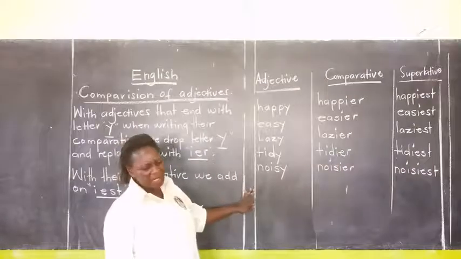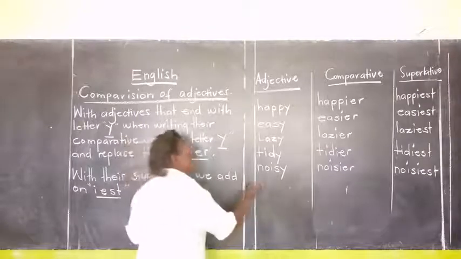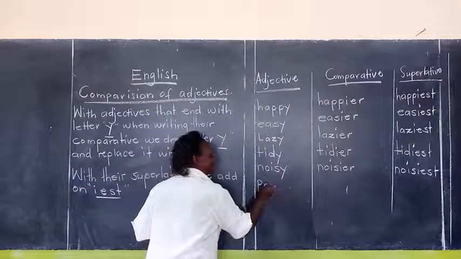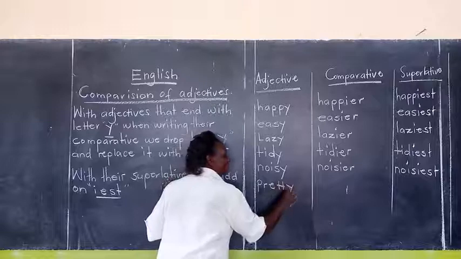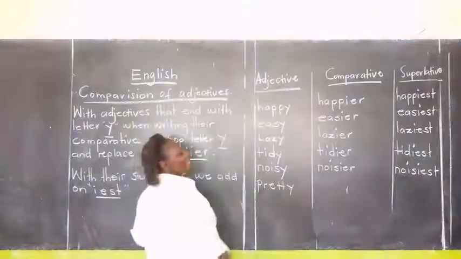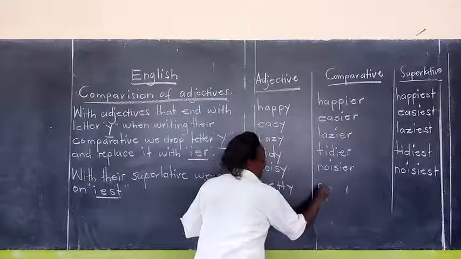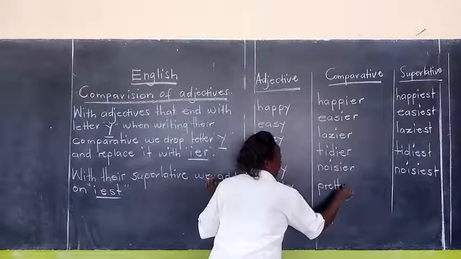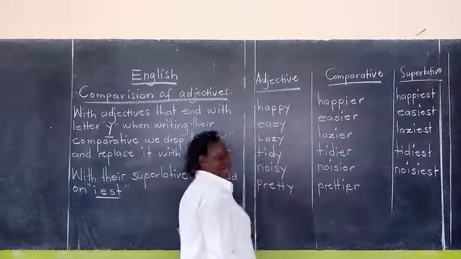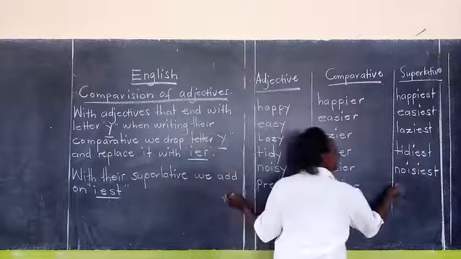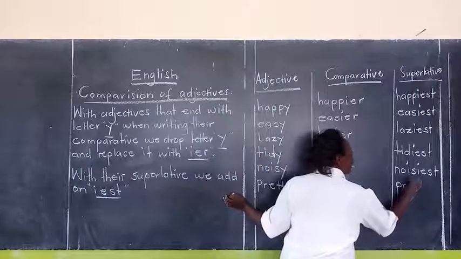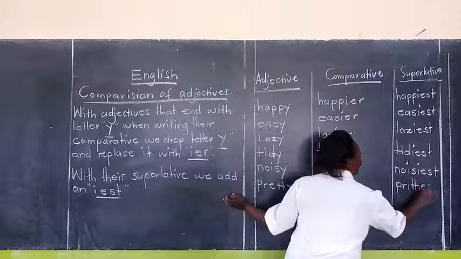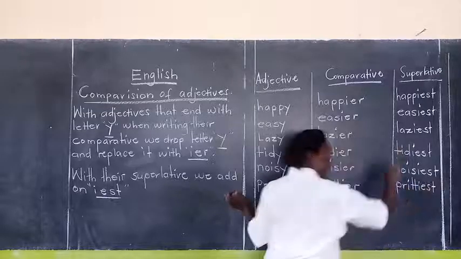Then we can also have pretty. She's a pretty girl. The other one is prettier. Then prettiest.